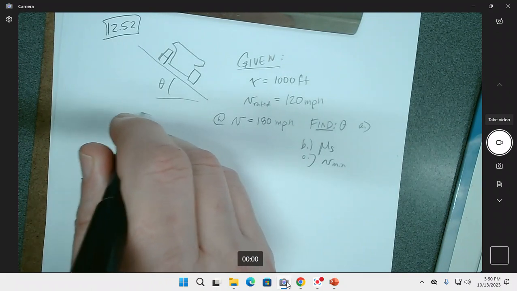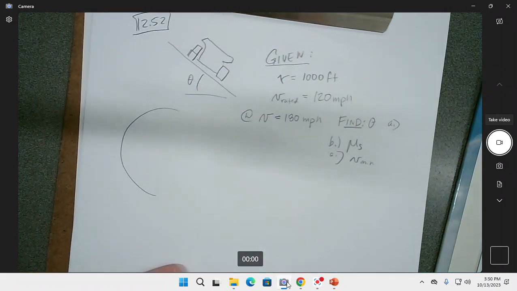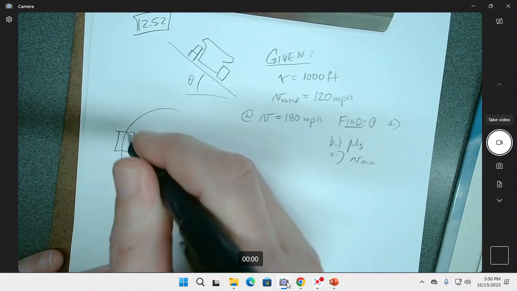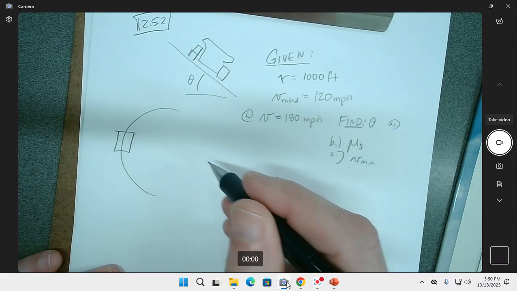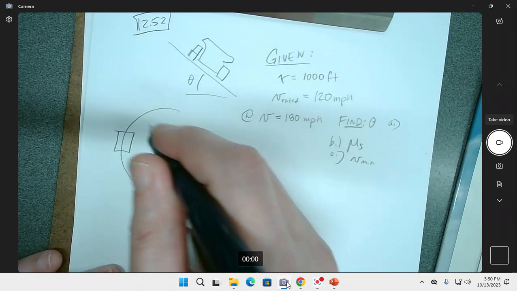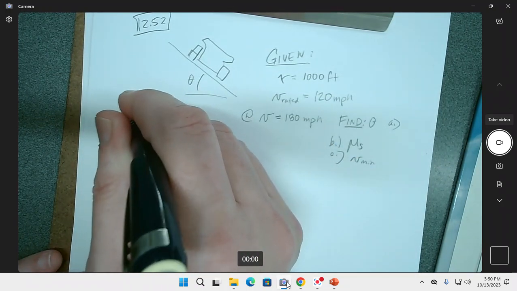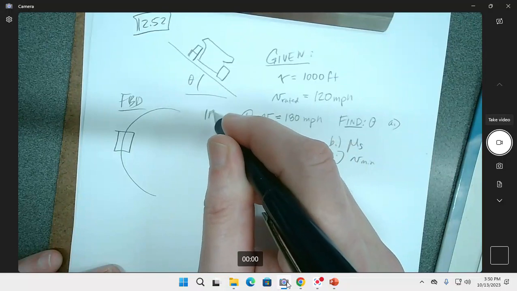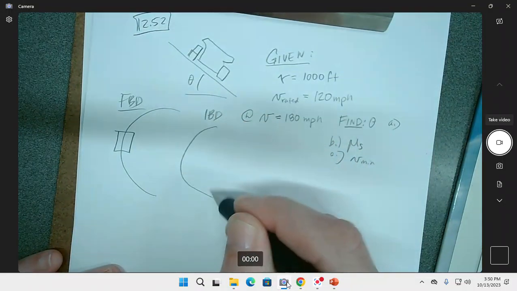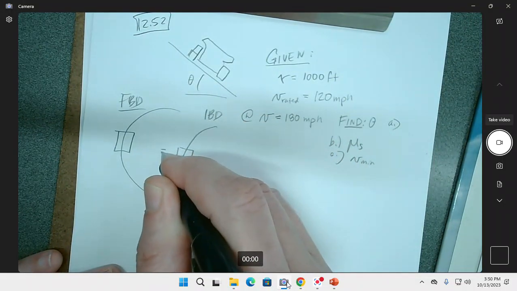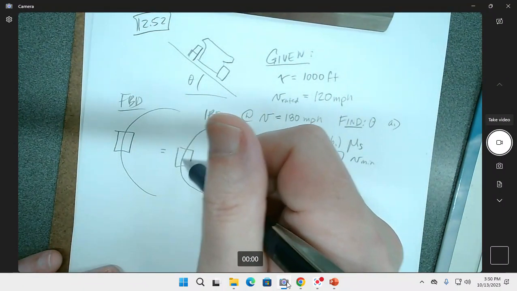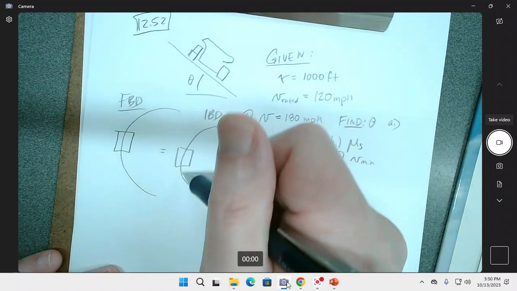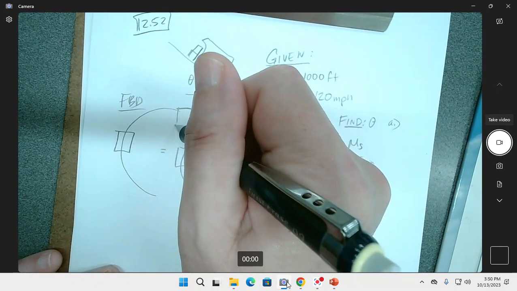So first off, when it's going around a curve, here's the car looking down at it. If you were to take an FBD and an IBD of the car right here, first off, let's not worry about this. This is the tangential direction.